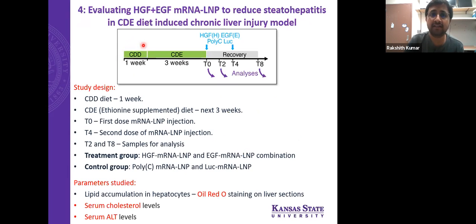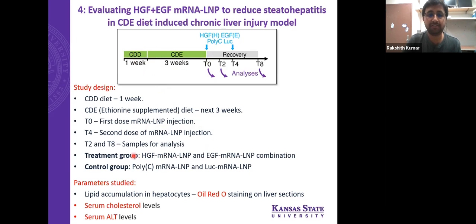They fed a CDD diet, meaning choline-deficient diet, for 1 week, and then supplemented ethionine with the choline-deficient diet for the next 3 weeks, and then they gave the first dose of the injection. The treatment groups were given HGF mRNA and EGF mRNA, both in combination and individually.